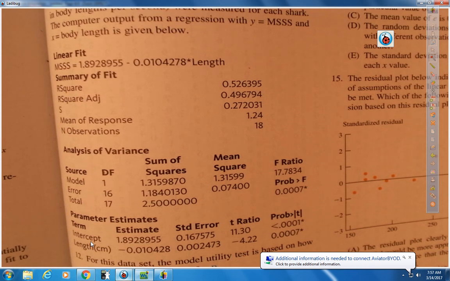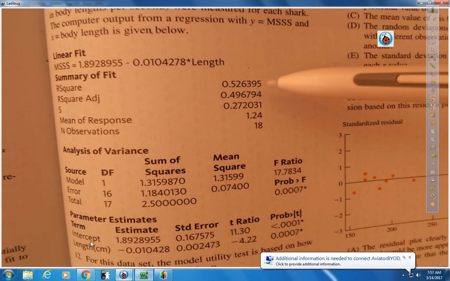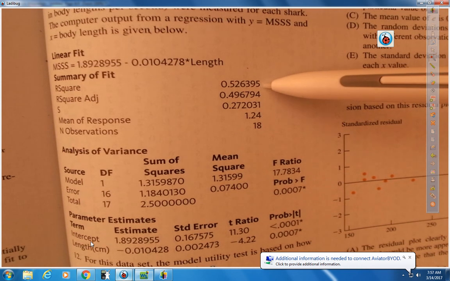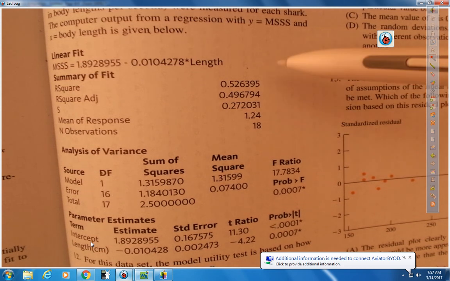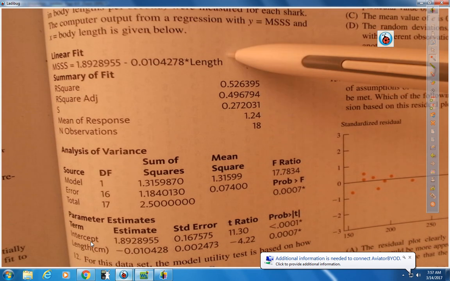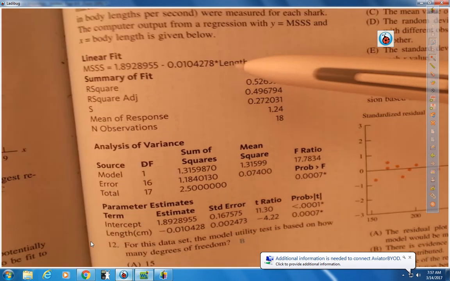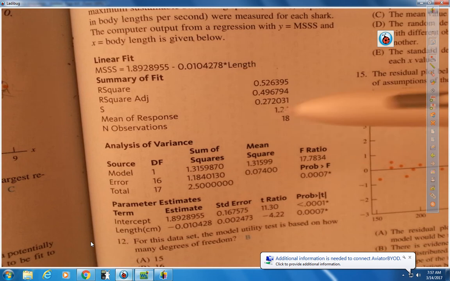R squared is up here, which is kind of different than we're used to. Here's S, which is the standard deviation of the residuals. And then here is our linear regression equation way up top here. They have the equals and the minus, yeah.